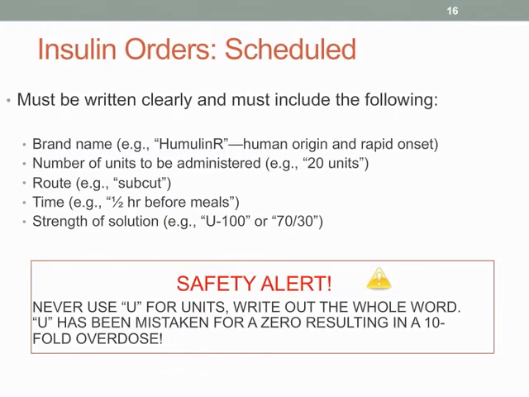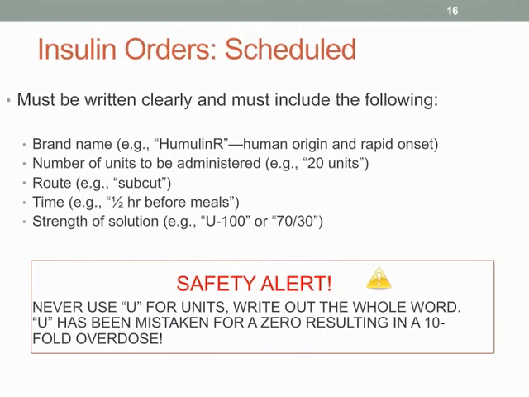Let's review real quick on insulin orders. Very similar to any other medication order, except you need to make sure that you actually know the brand name of the insulin that is ordered. You need to know the number of units that needs to be administered, the route, which normally is subcutaneously, but there are occasions when patients are given their insulin in an IV continuous drip.